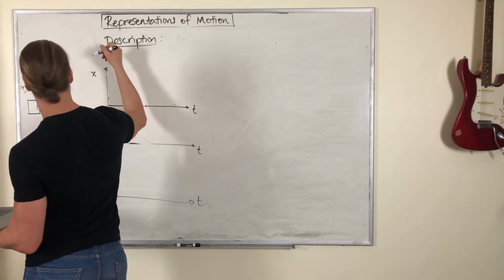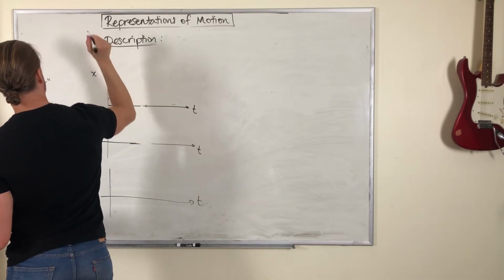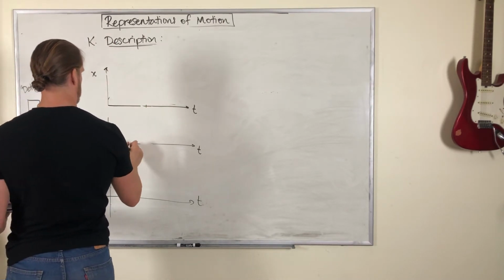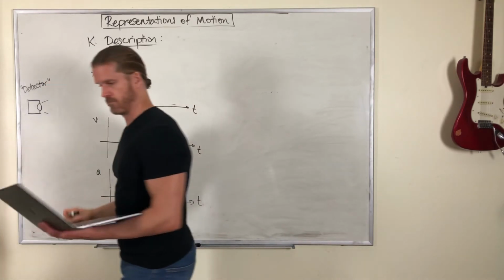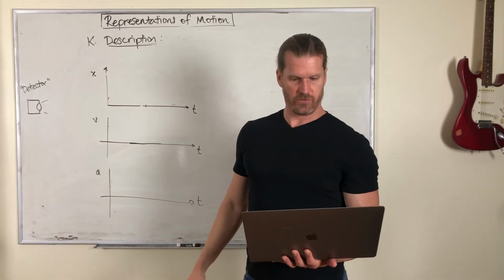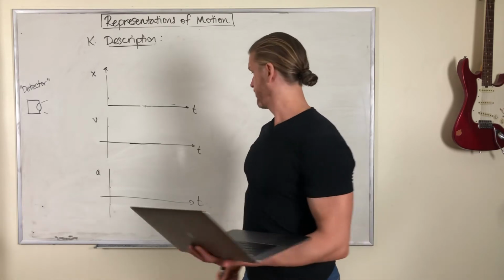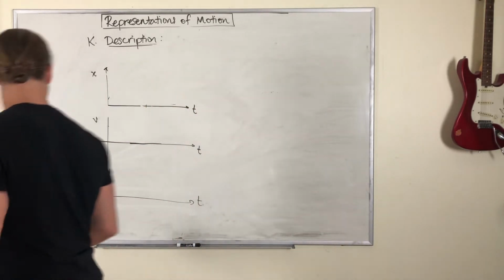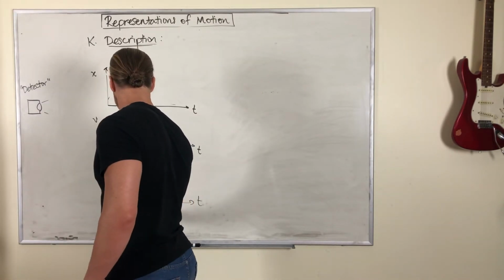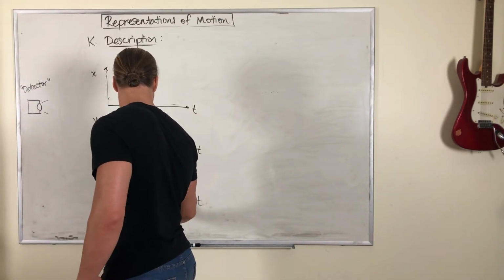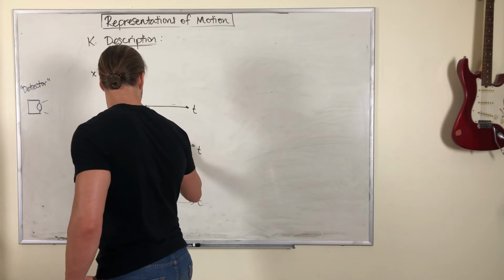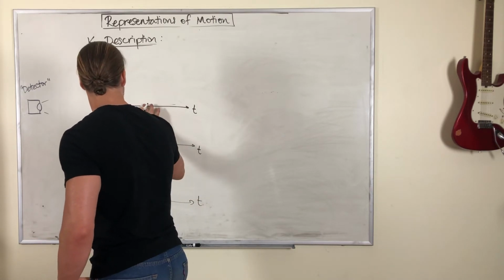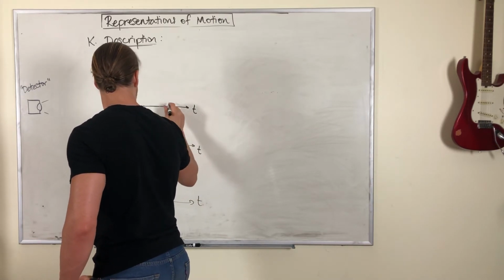This is part K. Part K gives you only the acceleration graph. And acceleration looks kind of interesting. There's two times that are of interest here.